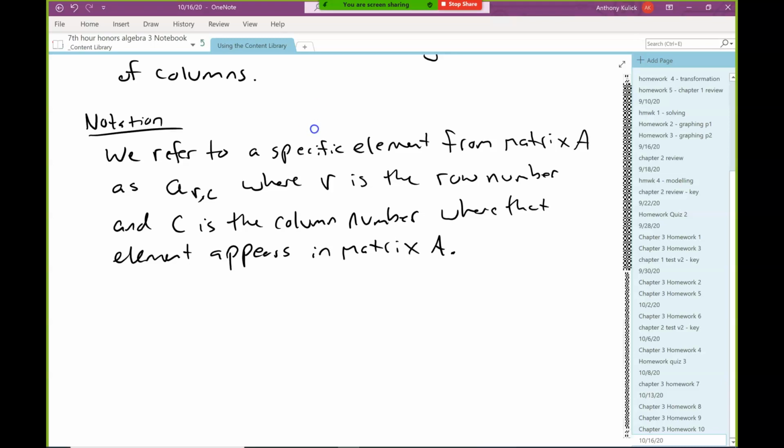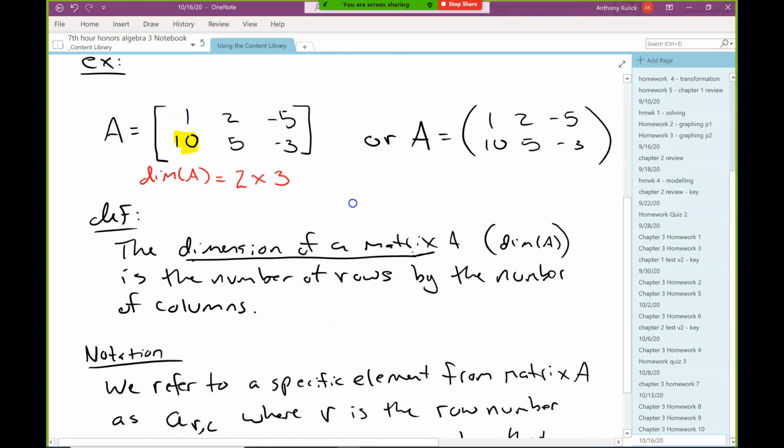Okay. So if we go back to our previous example, we're talking about the number 10. We noted that 10 was an element inside matrix A. It occurs in the second row and the first column. So we would say that 10 is equal to A2,1.